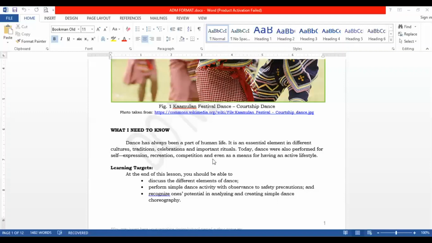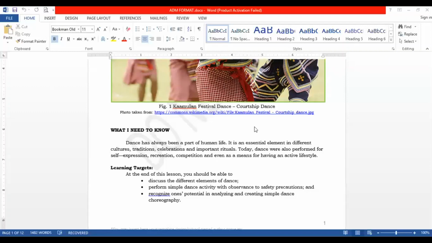So kung napansin niyo, hinugot ko kung saan traditionally ginagamit ang dance before and nilink ko siya sa health optimizing physical education, no? Which ginagamit yung dance as means for having an active lifestyle.